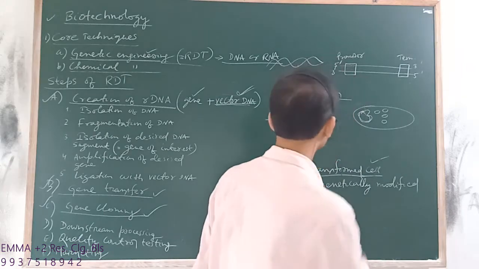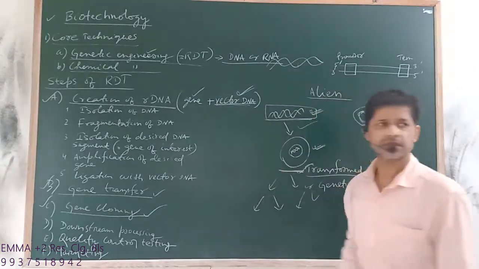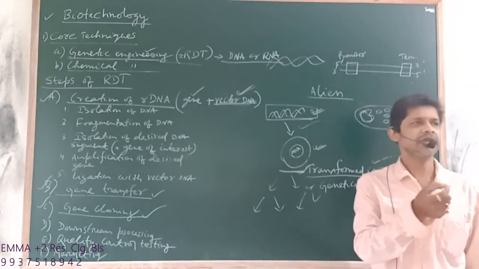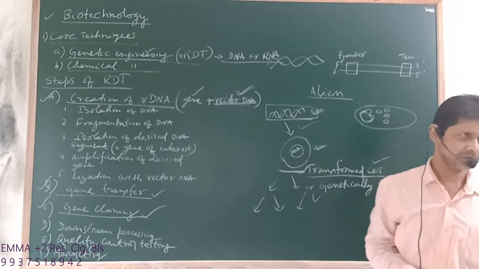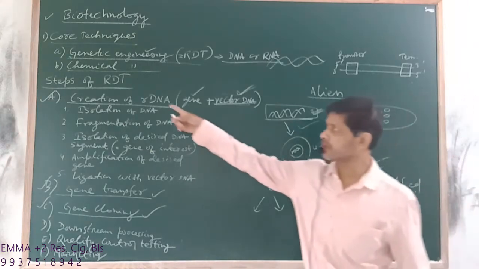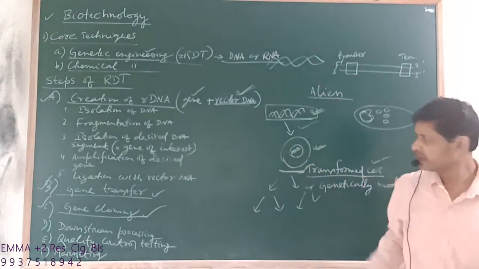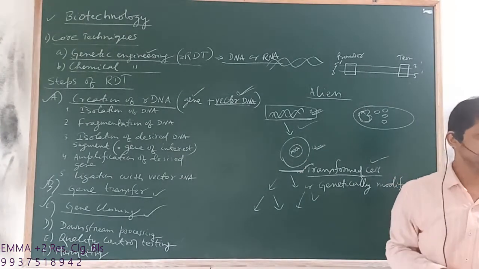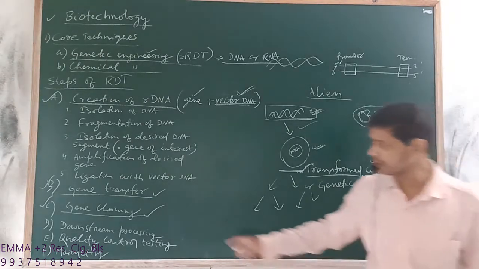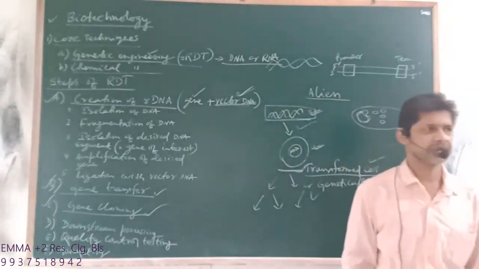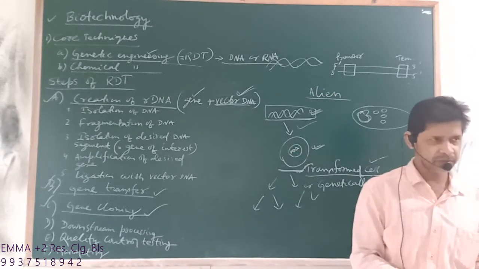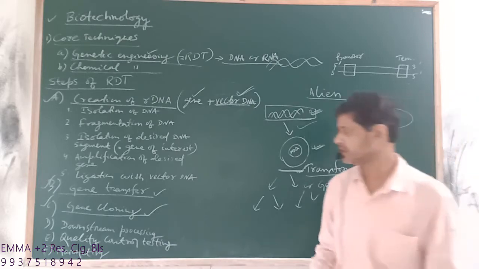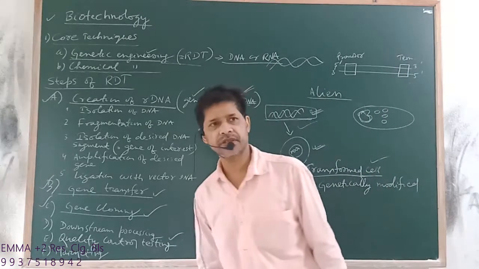All of you know the gene of interest will express inside the cell, so it will become the product, the product of recombinant DNA technology. So we need the isolation of that product, purification of that product. These two things together are called downstream processing. So downstream processing involves separation and purification. Then quality control testing.